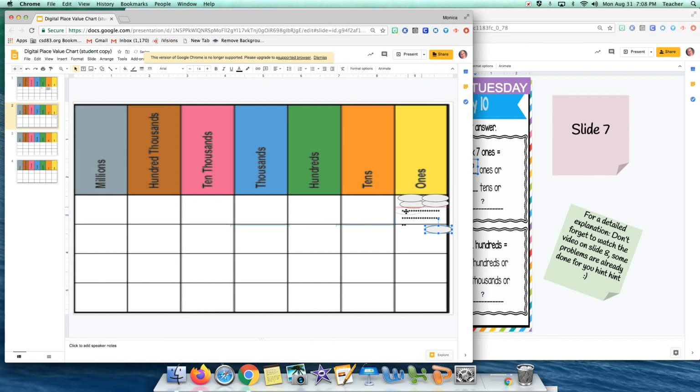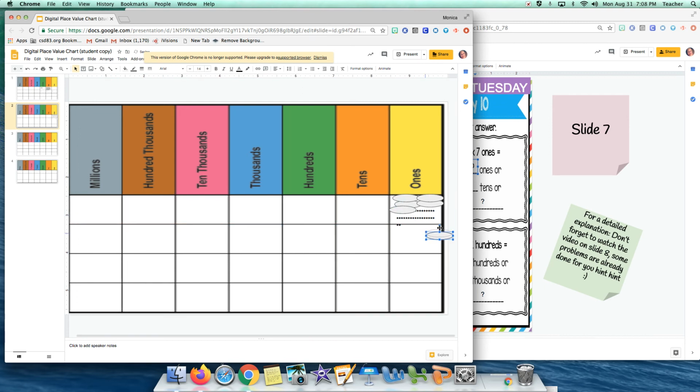1, 2, 3, 4, 5. Well, it's half of that group, but. And 7. So when we take our 7 and we shift them over to the neighbor, we've got 1, 2, 3, 4, 5, 6, 7 groups. So really, 70 ones equals 7 tens.